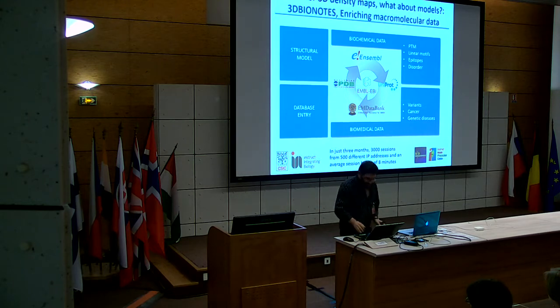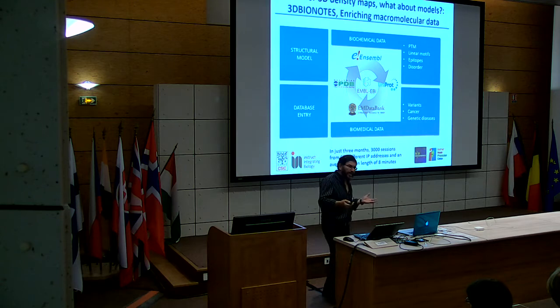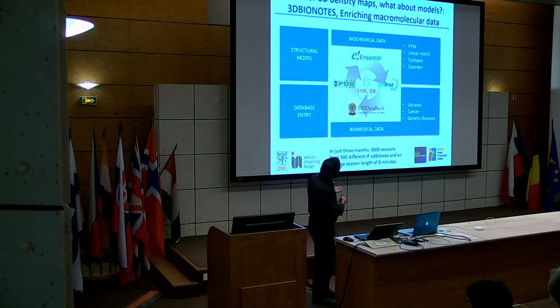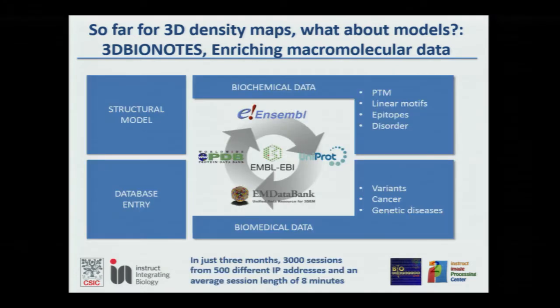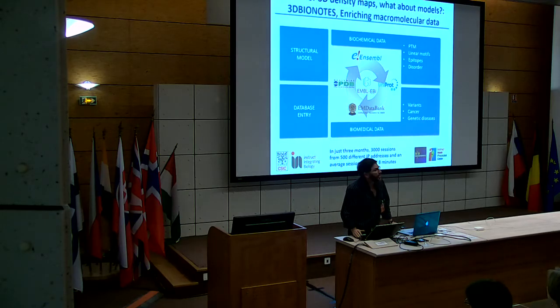I see that I don't have many results. It is something that we have done recently, also with the EMDB. When you go to the different entries in EMDB, in 3 months, that is when we worked together and did that, you will now have a 3D Bionotes view available for any entry, which is a combination of many sources of information in a structural setting.